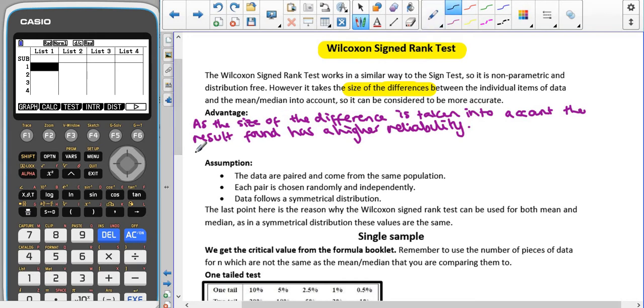There is a disadvantage as well, which is that it is more time consuming.